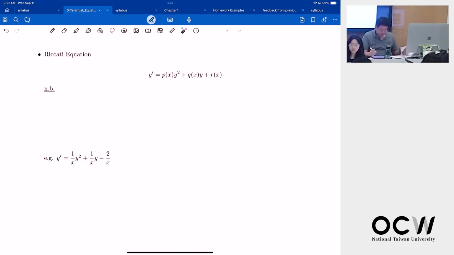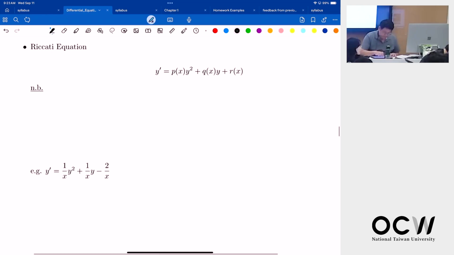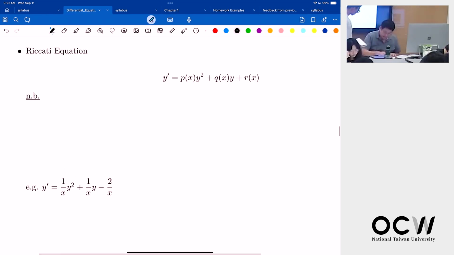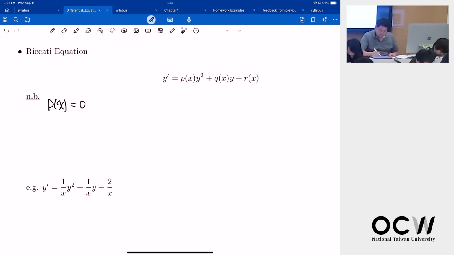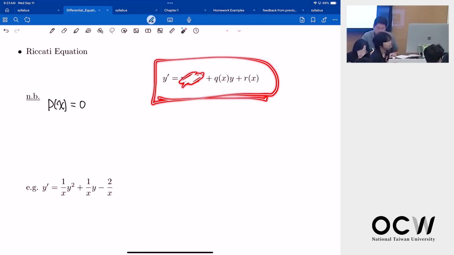And how do we solve this Riccati equation? First, if p of x is 0, so suppose this is 0, what is this equation? y prime equals q of x times y plus r of x. Is this separable? Is it exact?